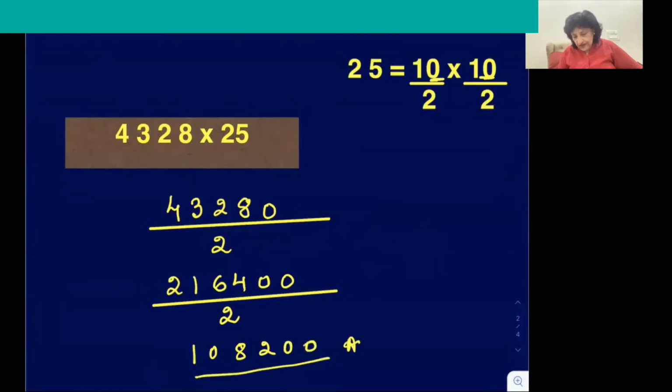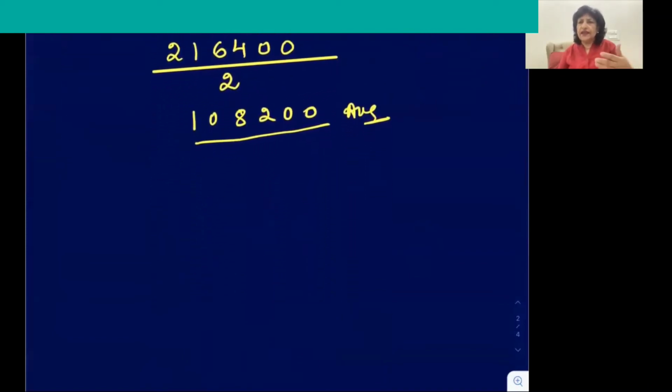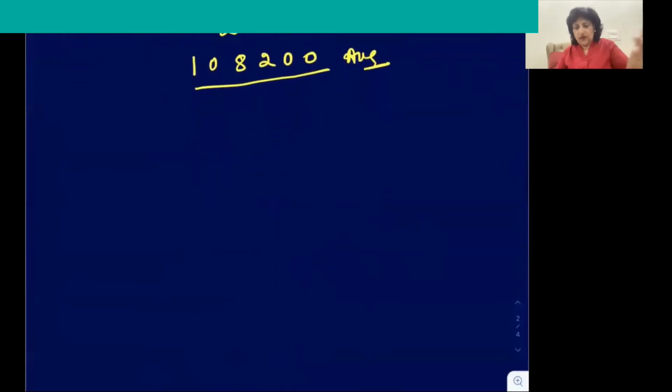This is our answer. You can also attach 2 zeros at the end of the number and then divide by 4 if you find that easier. But dividing by 2 is very simple and it is good for children to do with this method because they will then not develop fear of maths.